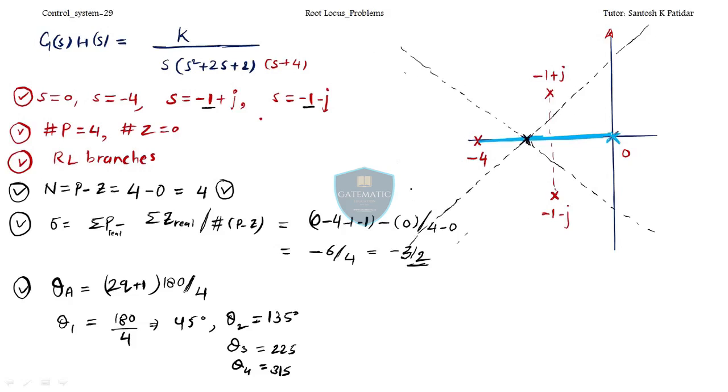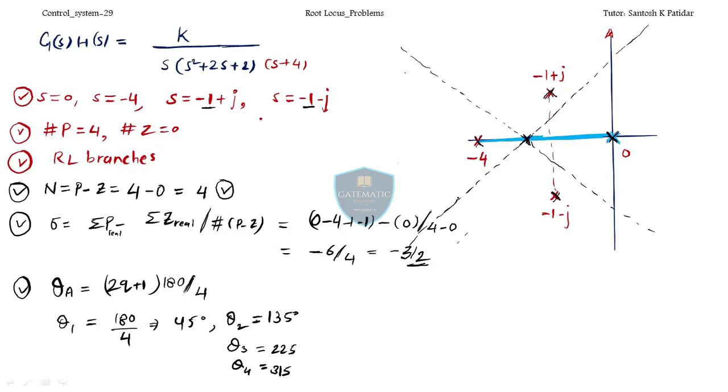Now the scene is, 2 poles you have over here, 2 poles you have over here, and all poles will go to infinity. Suppose these 2 poles go in this way and in this way to infinity.